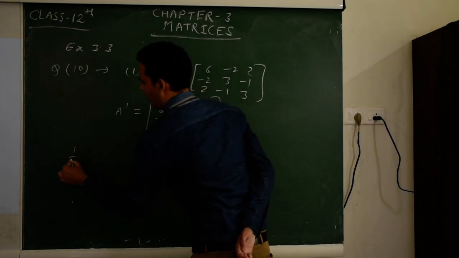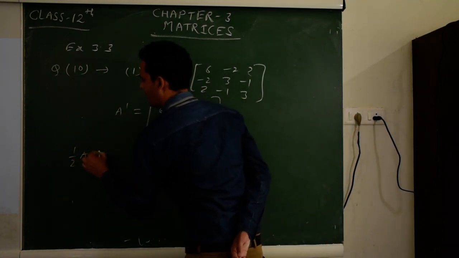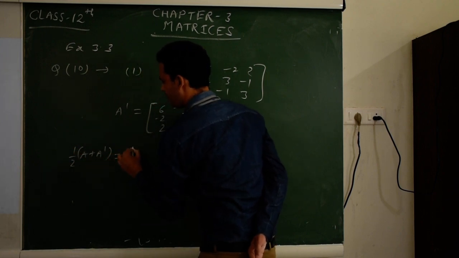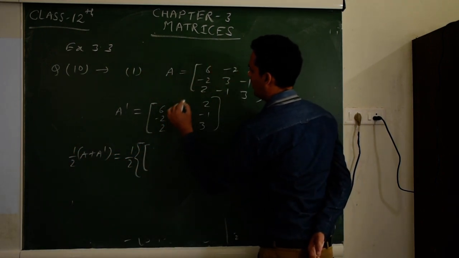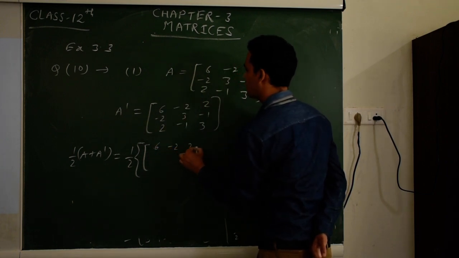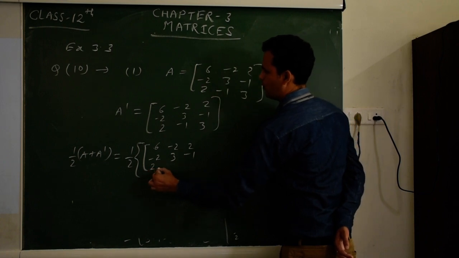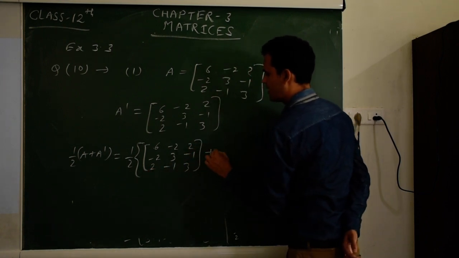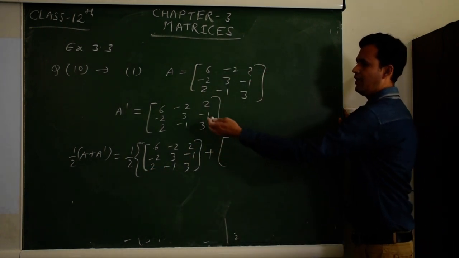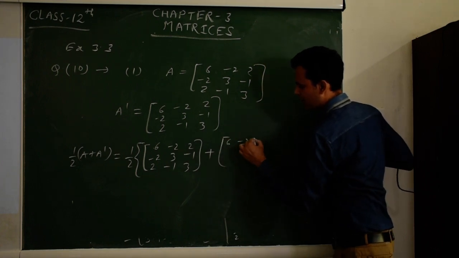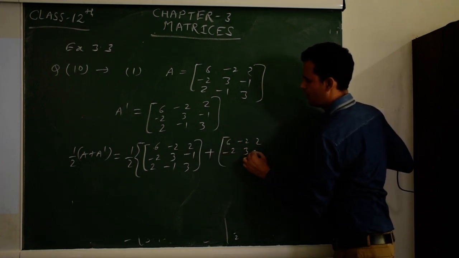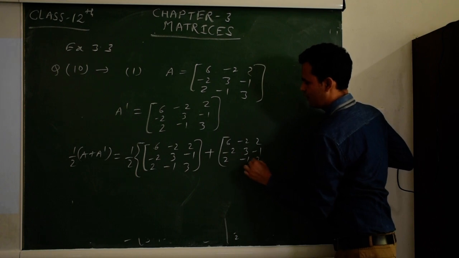Now 1 by 2 A plus A dash. So 1 by 2 of A, which is [6, -2, 2; -2, 3, -1; 2, -1, 3], plus A dash, which is also [6, -2, 2; -2, 3, -1; 2, -1, 3].